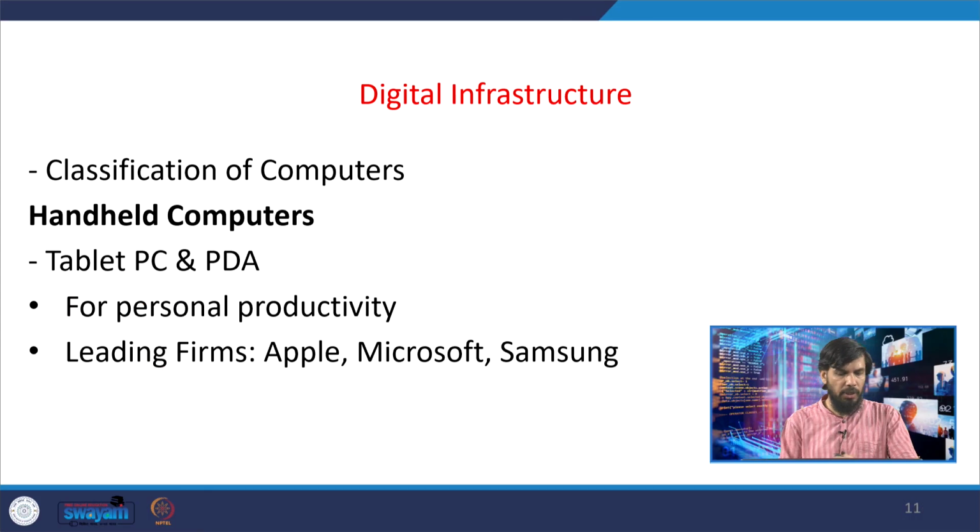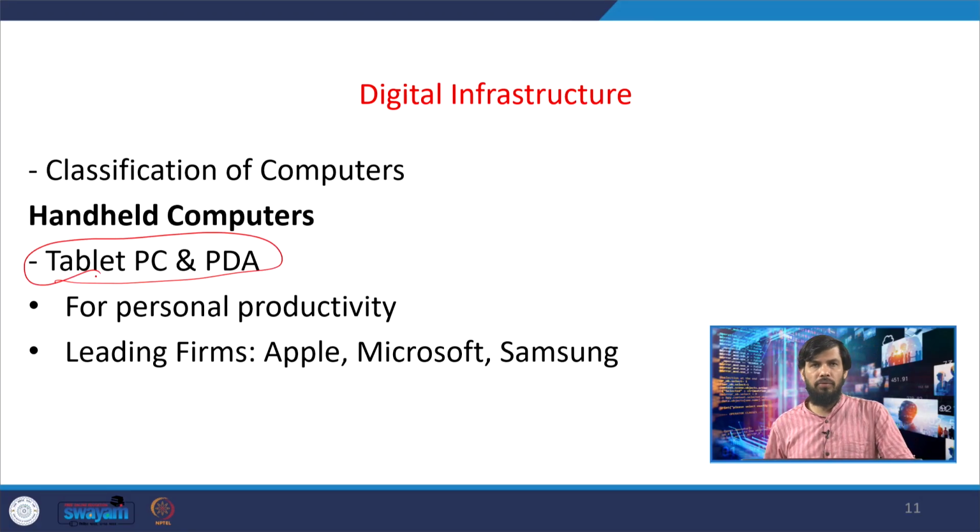Then moving on, the generic handheld computers. The generic handheld computers for regular users are actually tablet, PC, and PDA, right? And essentially, as I said, they are for personal productivity. So all of us might be reading a book, preparing for an exam or a test, or for our own research, or using it in different domains.